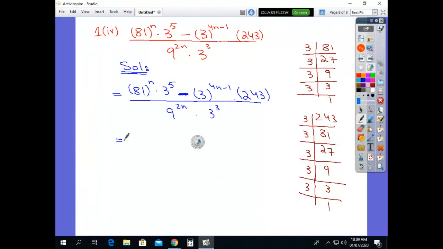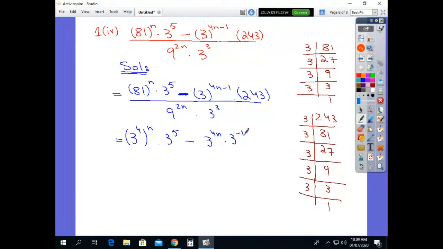Now we write 81 as 3 raised to power 4, with n as the whole power. Now we have 3 raised to power 5. Here we split 3 raised to power 4n minus 1 into 3 raised to power 4n and 3 raised to power negative 1.